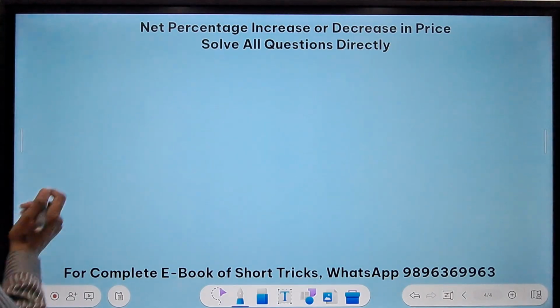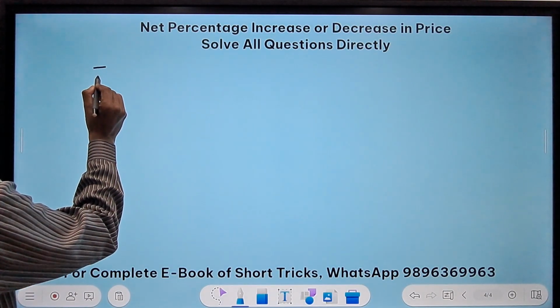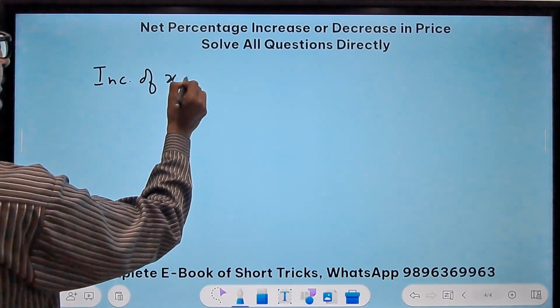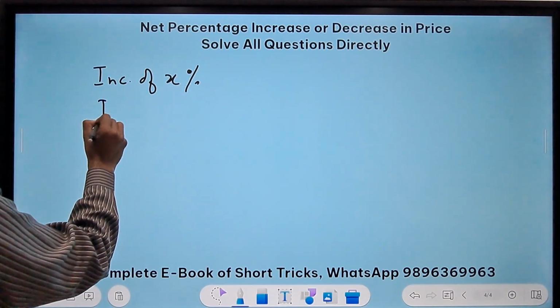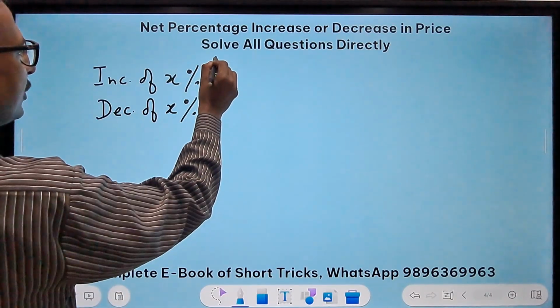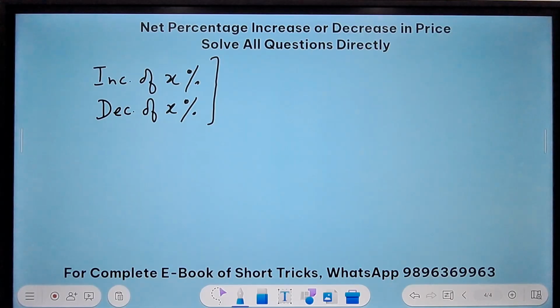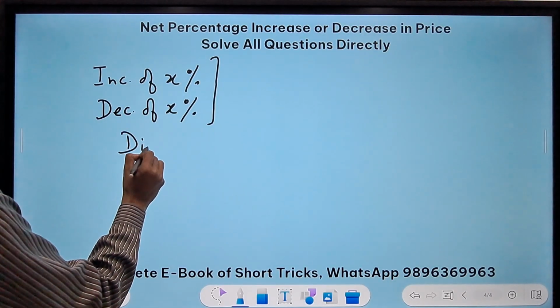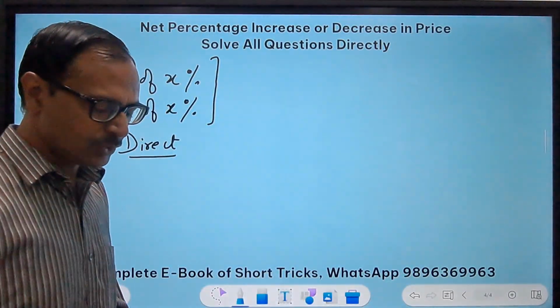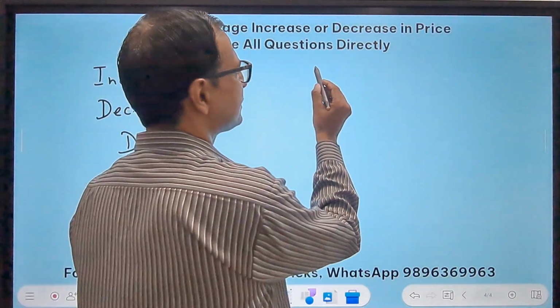In the last case, we have an increase first of x% and then a decrease of the same percentage, decrease of x%. Okay, so now there are no two values, you have a single value. So I'll be solving this using the direct approach and then using the traditional approach. So let's consider 6% as the value.